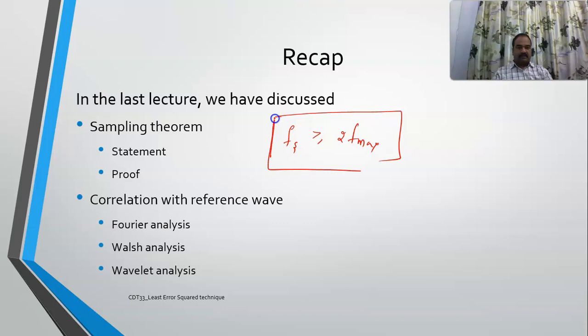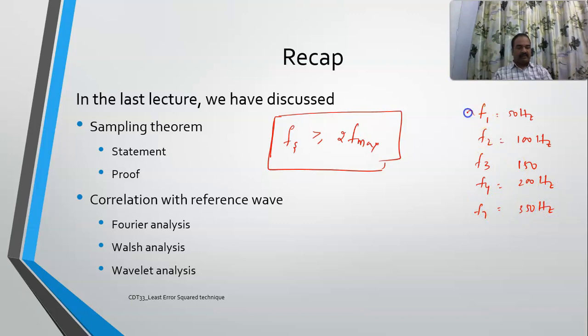Let us suppose you have a signal which has a fundamental frequency of 50 Hz, and it has second order harmonic, third order harmonic, fourth order harmonic and seventh order harmonic.